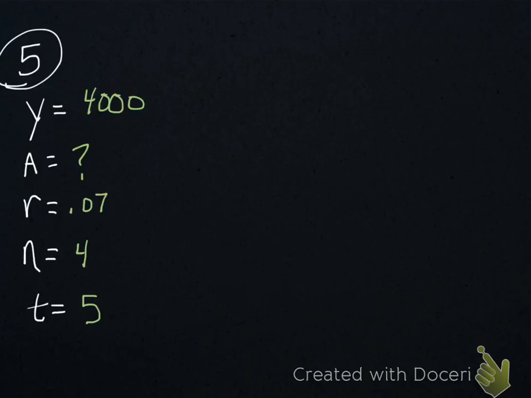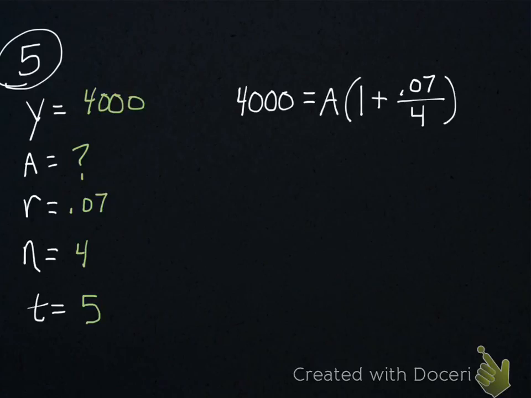Compounded quarterly, there's 4 quarters in a year, so N is 4. My time is 5 years, and they want me to have the 4,000 in that 5 years. Now let's plug it into the equation. 4,000 equals A, parenthesis, 1 plus 0.07 divided by 4, raised to the 4 times 5 power.